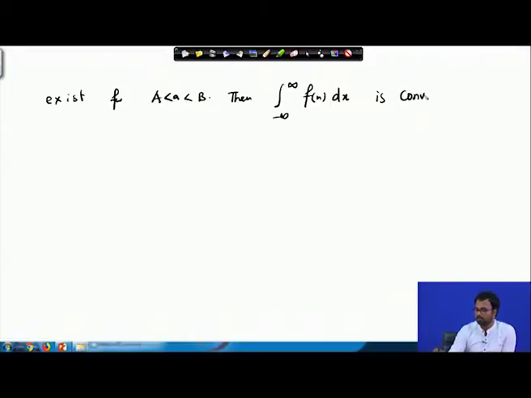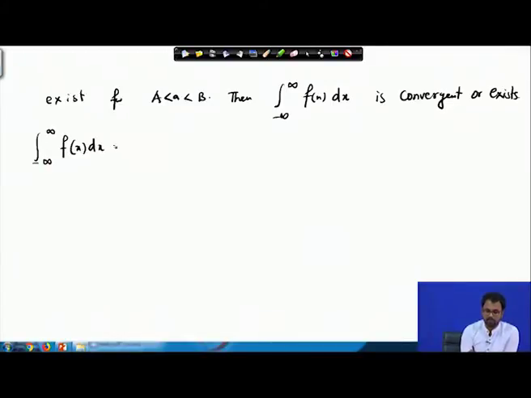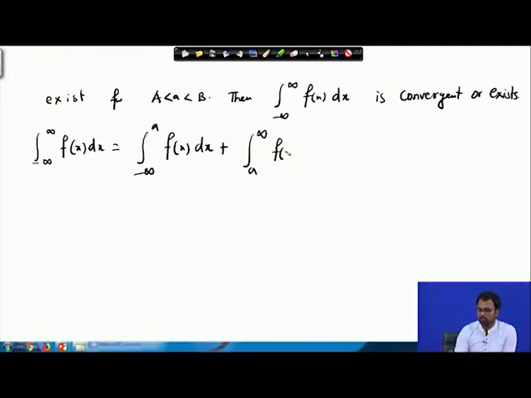So, this integral will exist or be convergent, and the value of this integral can be split into two sub-integrals, the addition of two sub-integrals.